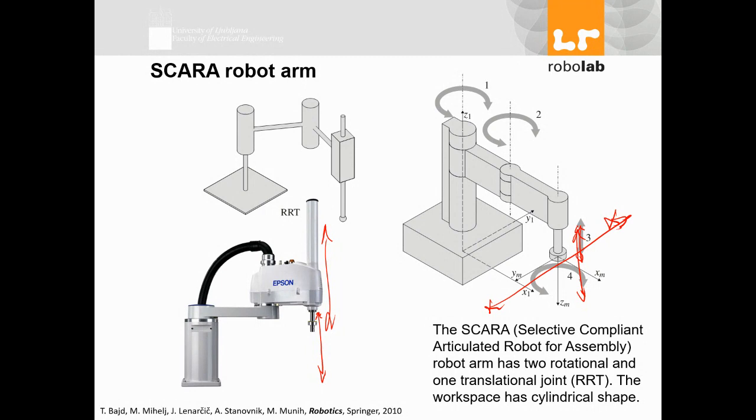In terms of speed and those other things, we need to look into dynamics. What does dynamics mean? If I want to move an arm like this, I have to have a torque applied to this joint, and I have to have a force applied to this joint.